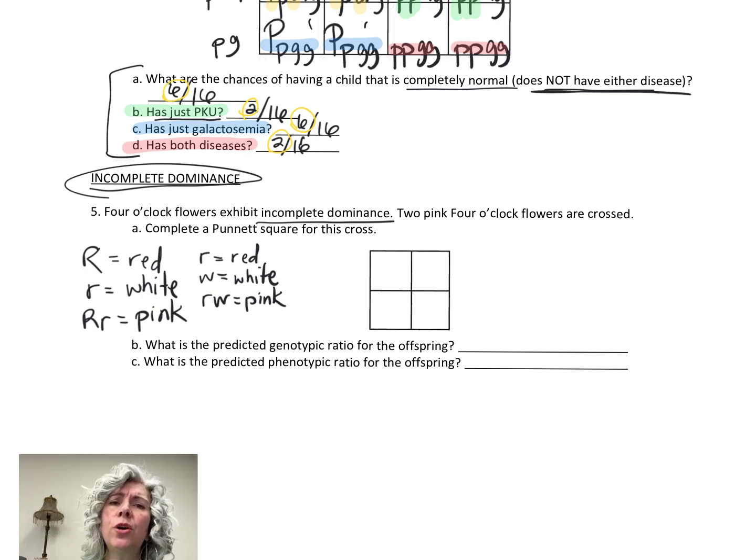Your questions are always asking you about genotype and phenotype of offspring. As long as you communicate your key, and as long as the heterozygous is the blending of your trait, it's really not a huge deal how you create your key. I'm just going to do the R and the W and the RW, just because having them all lowercase is maybe a clearer picture of incomplete dominance.